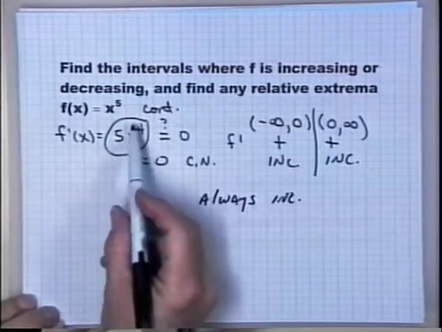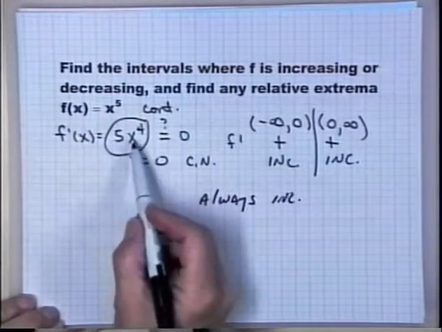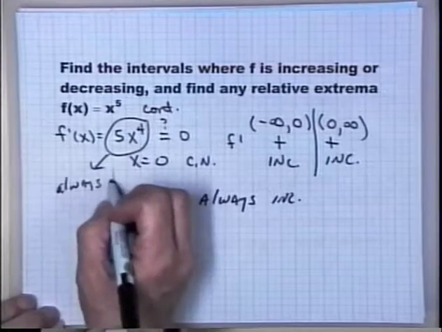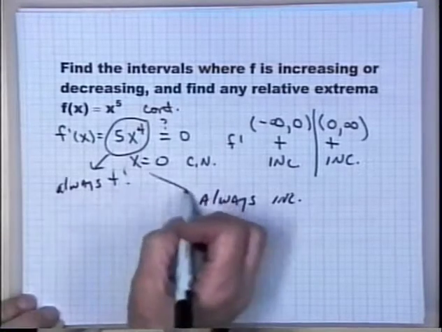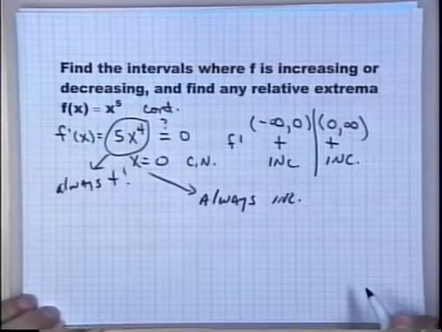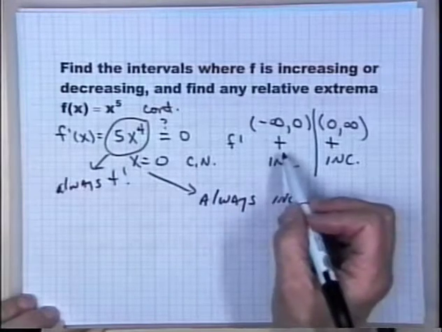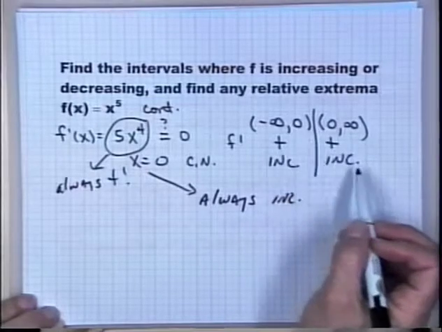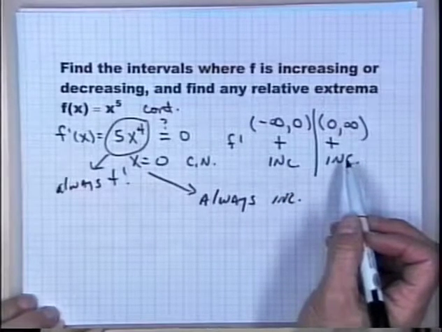This function turns out to be always increasing. I could tell that right here. 5x to the 4th, this derivative is always positive, isn't it? So my curve has to always be increasing. Now, this is a situation where even though I had a critical number, I did not change from increasing to decreasing or vice versa.